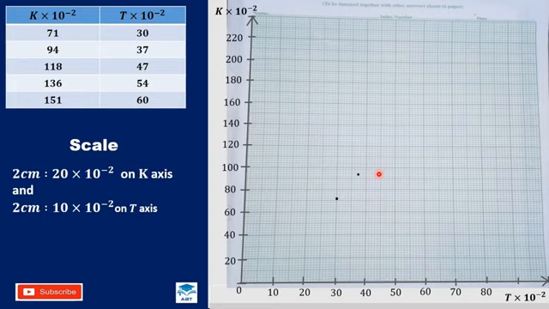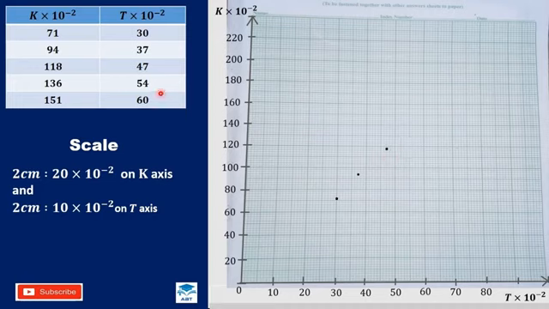The next one, we have 47 and 118. This is 40, we count 7 boxes. For 118, this is 100, and 118 will be somewhere around this point. Thus, we count 9 boxes, since each box is 2.